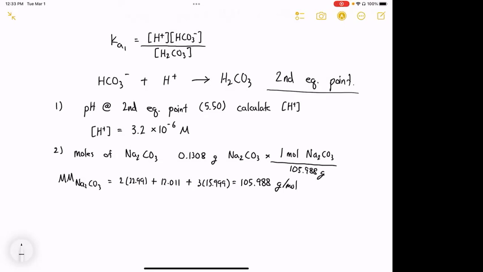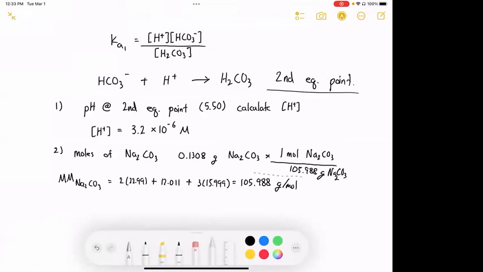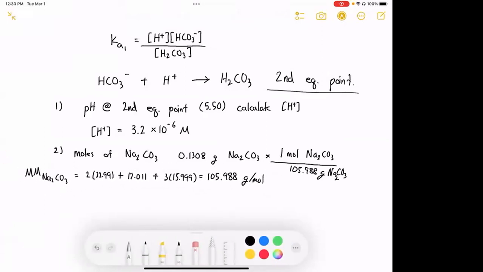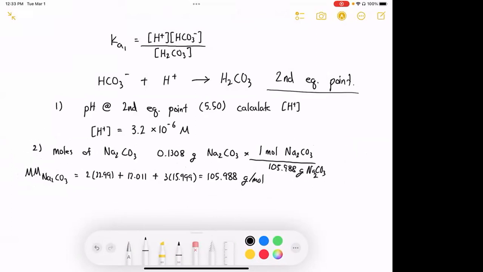So we're going to put 105.988 grams sodium carbonate. And now we get a value of 0.1308 divided by 105.988 grams.